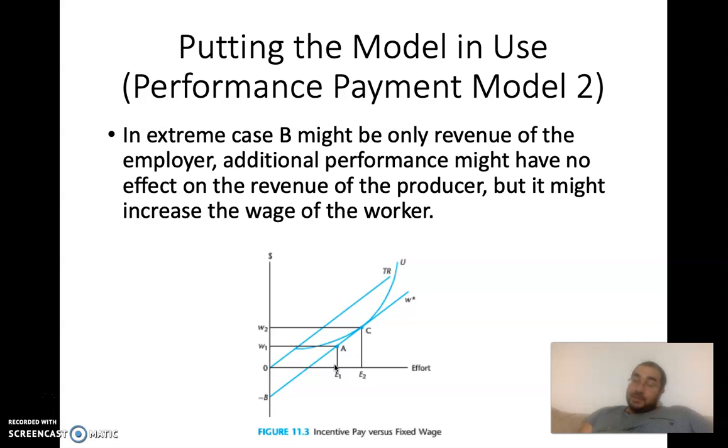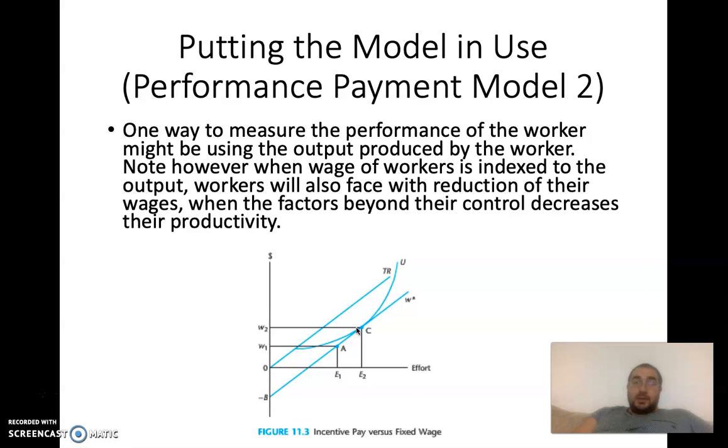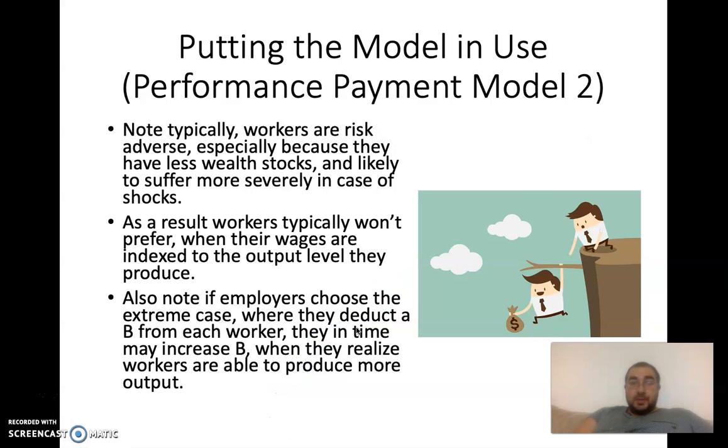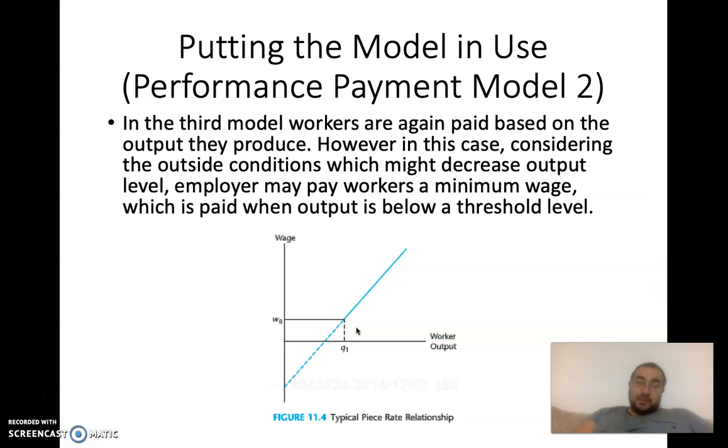Well, in other cases, even if what they produce is zero because of outside conditions, if they show some effort, and if that effort is measured by the company, the company might still need to pay the workers according to their performance. Okay. Well, as I said, workers are sometimes risk averse.